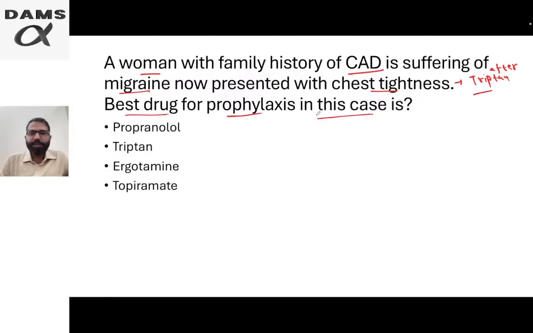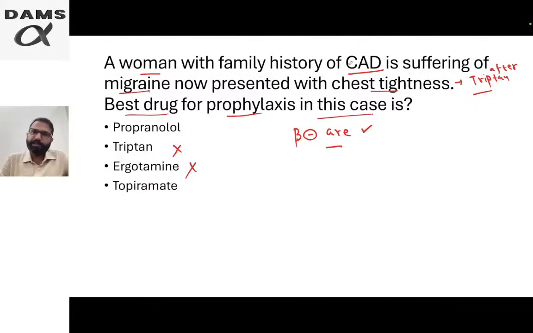So see, even in a CAD patient, beta blockers are not contraindicated. The patient is having chest tightness after triptans, so definitely we cannot suggest a triptan to this patient. Triptans or ergots are for acute conditions, and due to triptans or ergots the patient may have chest tightness.